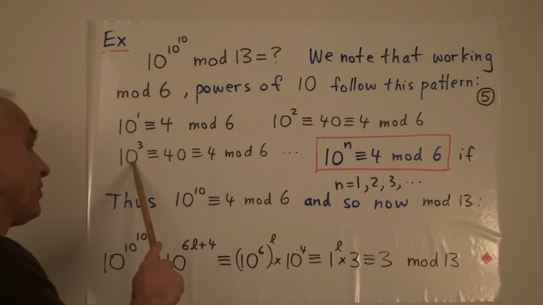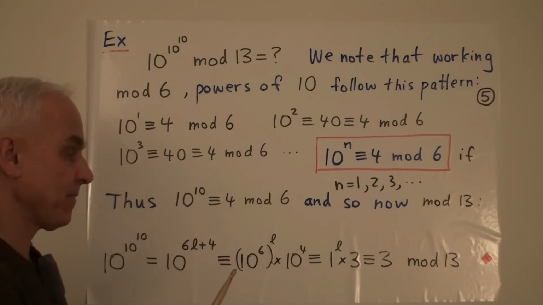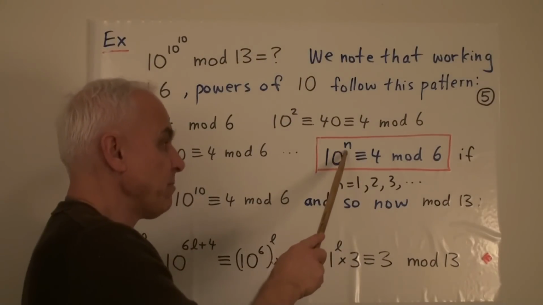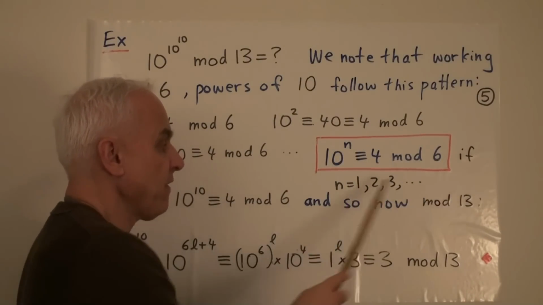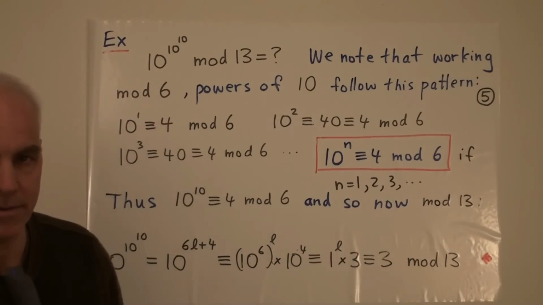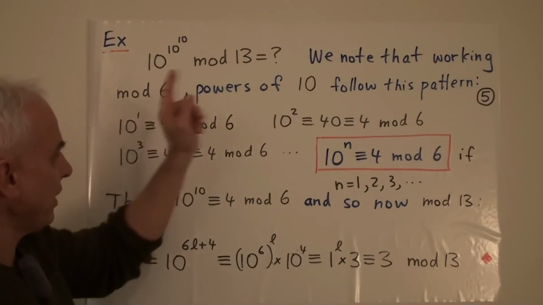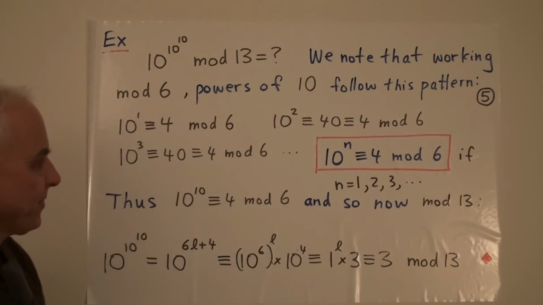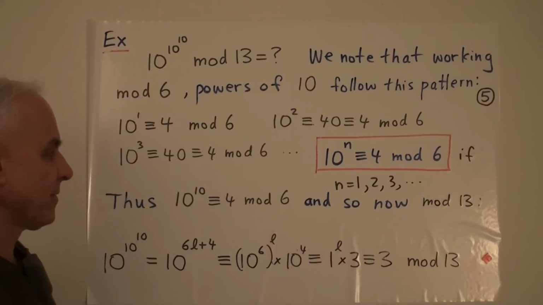But then 10 cubed will also be congruent to 40, which is 4, mod 6. So then the pattern will just keep on repeating, that all these powers of 10, 10 to the n, will all be congruent to 4 mod 6 if the power is at least 1. Won't be true for n equals 0, but if we start with 1, then it will be true for any power that we get to from there. So 10 to the 10 is congruent to 4 mod 6.